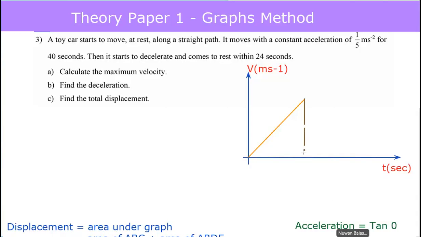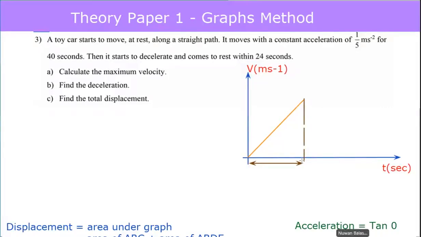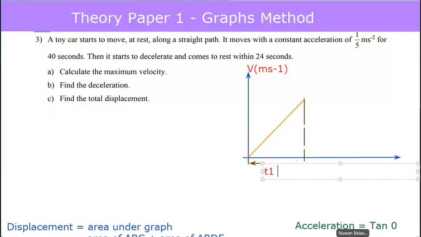So this is the first time duration. During the first 40 seconds, the car travels with a constant acceleration. Let me mark it as T1, that is 40 seconds, right?